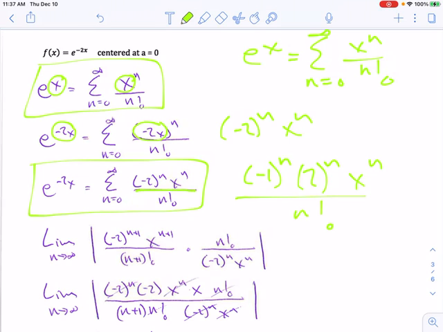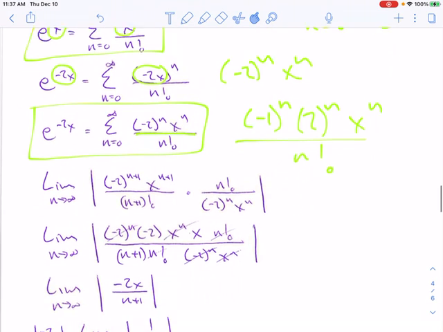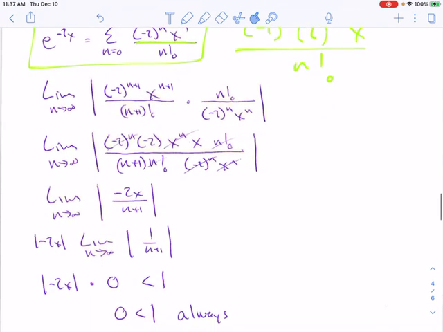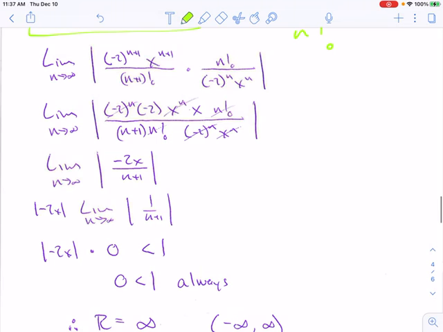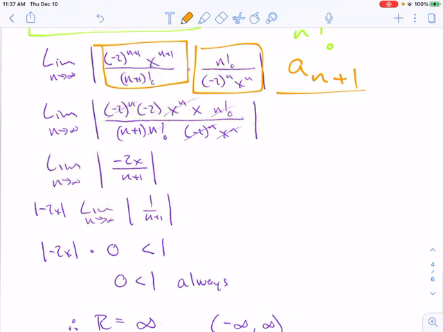Using the ratio test to determine the interval of convergence, same old ratio test that we know and love from so many other times we've used it. We take a sub n plus 1 and divide it by a sub n, or multiply by the reciprocal of a sub n, and then simplify.